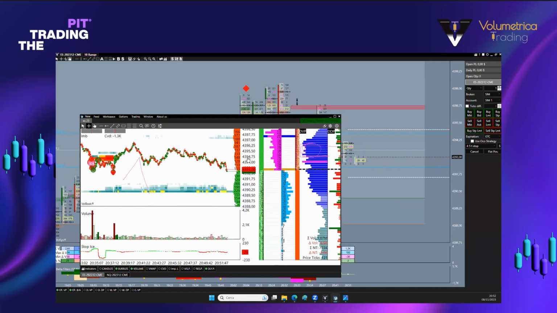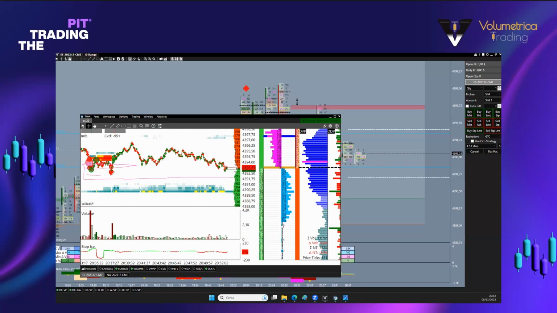But I would also say that if market fails to make a new low compared to the previous one, then it could be a nice reason to look for a quick reversal, because that would be a failure to the downside.